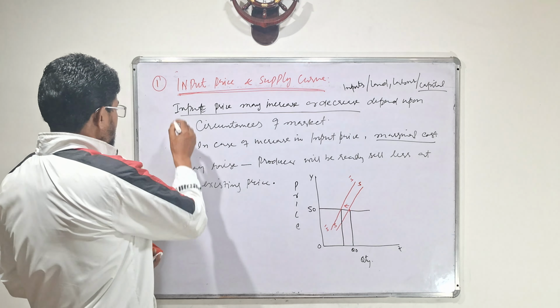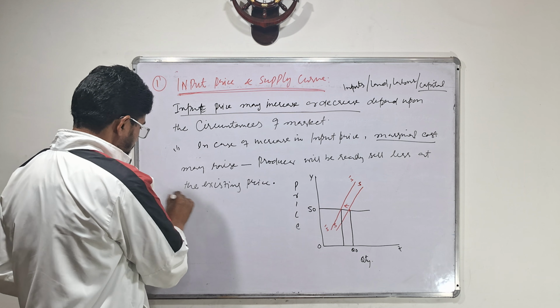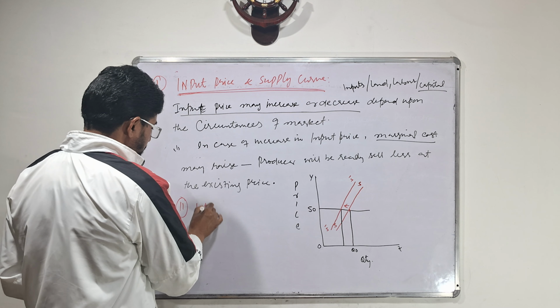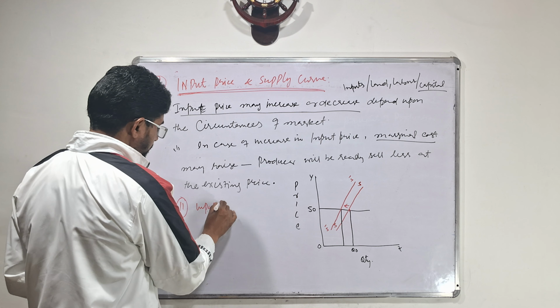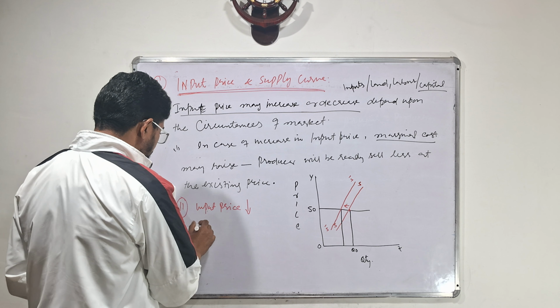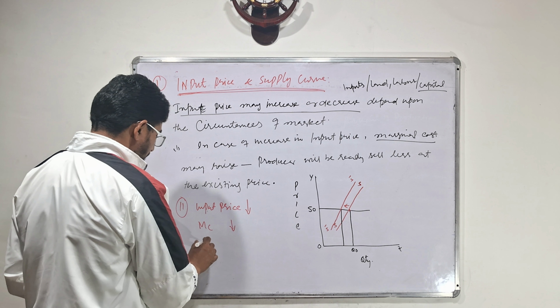In the second case, I will not write, I will only discuss based on the above statement. If input price falls, definitely it will lead to a fall in marginal cost. Marginal cost will fall.